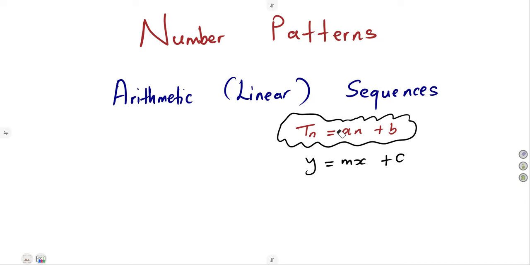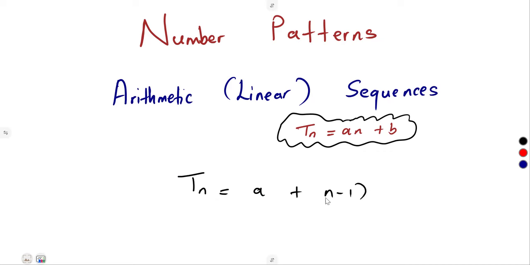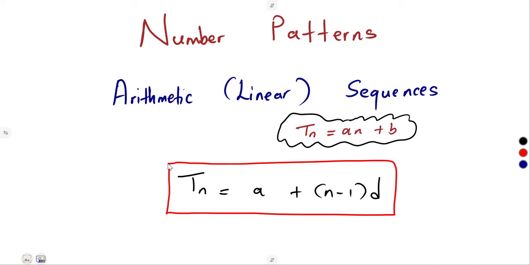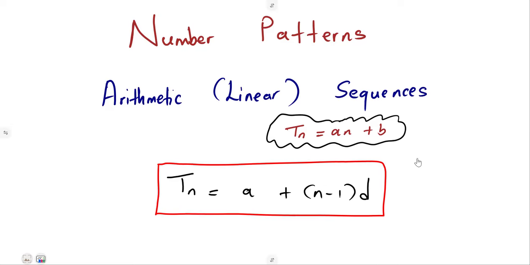So if we represent it this way, we go straight to the linear representation that we understand. But actually, this part was being taken from Tn is equal to A plus n minus 1 times d, the formula for finding the nth term for any arithmetic or linear sequence.